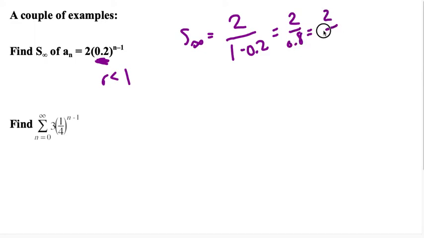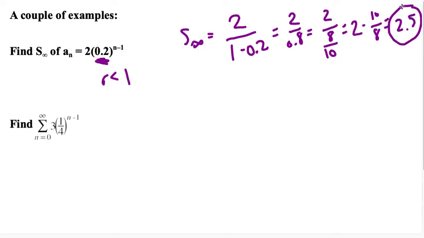Here, I like fractions, so here's what we're going to do. 8 is 8 tenths, right? And we divide by a fraction, 2 times 10 over 8. So that comes to 10 over 4. What is 10 divided by 4? 2.5. Now you could have just stuck this in the calculator, but either way it means that as we approach infinity, the sum approaches 2.5. That it has some constrained value it's approaching.